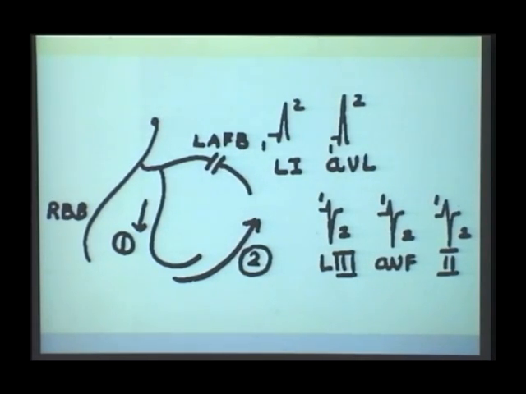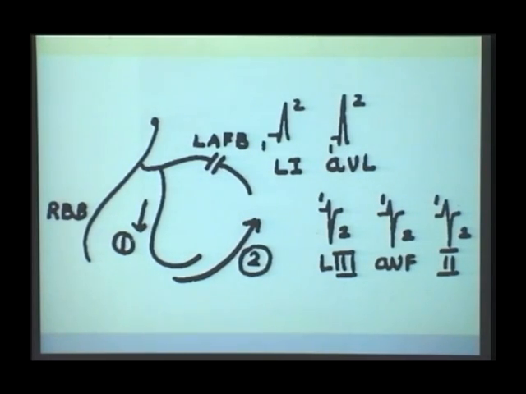Because of that, all your inferior leads, the three inferior leads L2, AVF and L3, will have an initial small positivity because this initial activation front is coming down and inferior, and this will be going away from your L1 and AVL. So L1 and AVL will have a small initial negativity. So this is normally happening, the initial activation front of the left posterior fascicle.